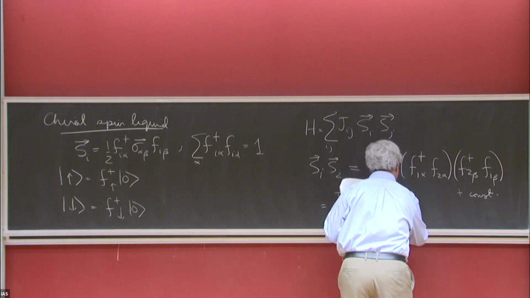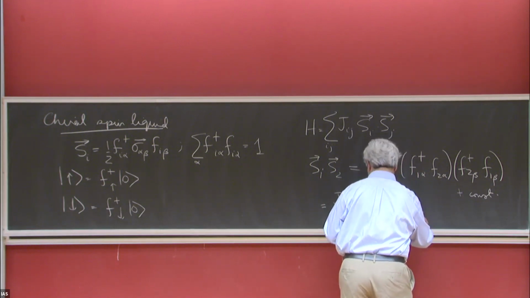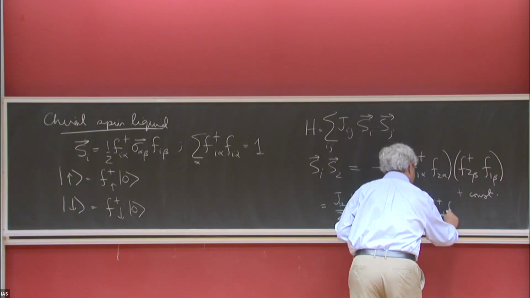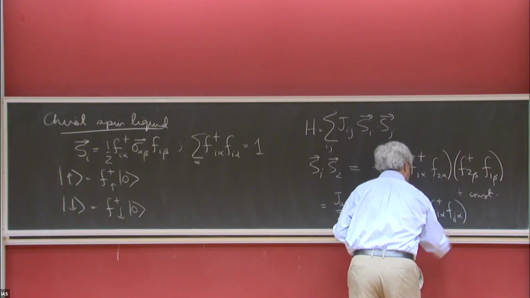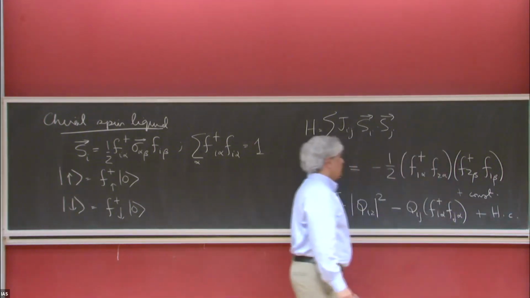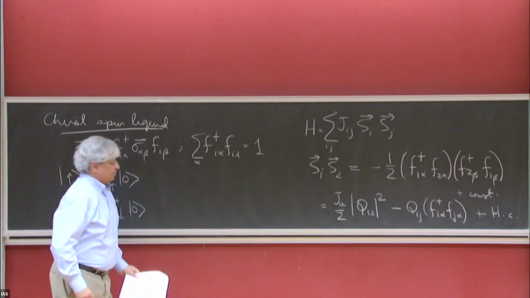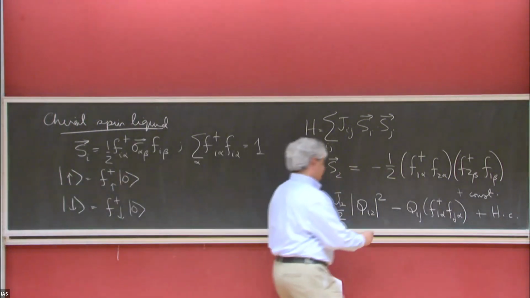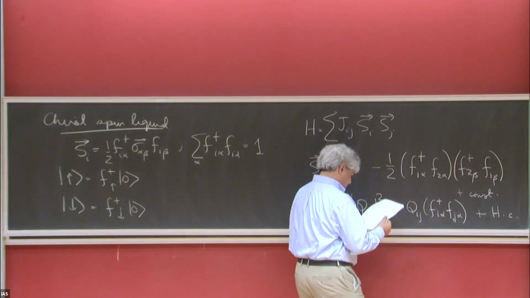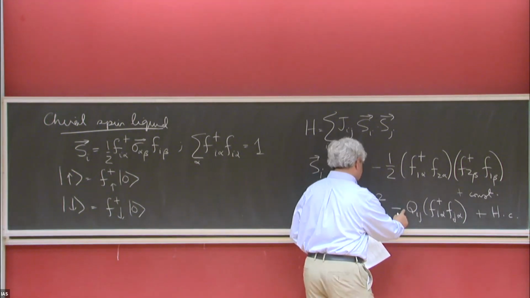Well, okay. Qij F dagger i alpha, Fj alpha plus so on. Okay, so if I integrate over, sorry, let me make it very general, Jij, there probably is a Jij over here too.